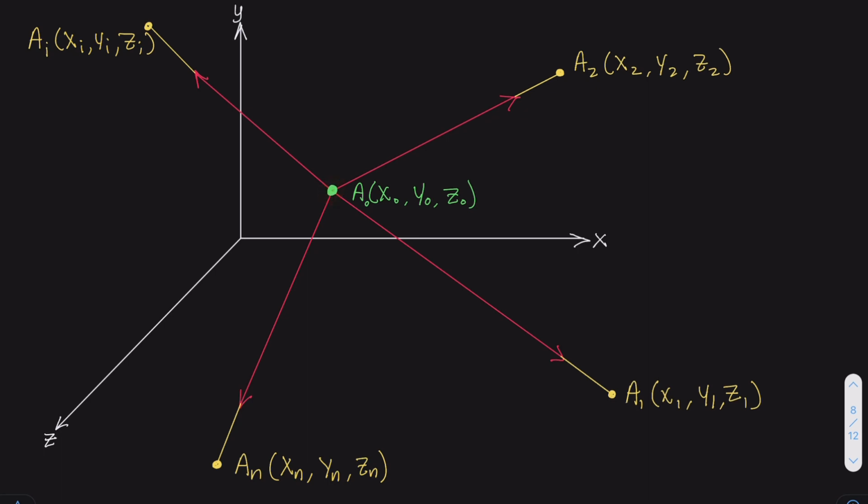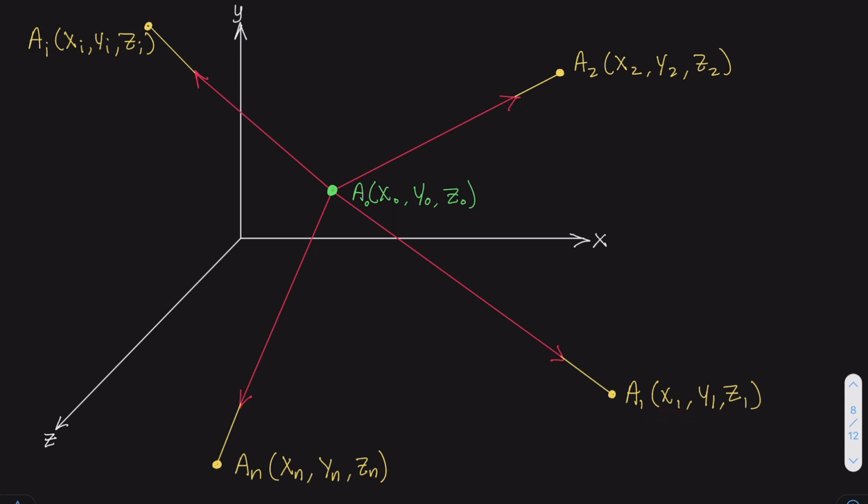You can also see that I've drawn the line of action for each one of these forces in yellow, and I have a random point along that line. For example, this is force 1. A point along the line of action for force 1 is A1, and it has coordinates x1, y1, and z1.